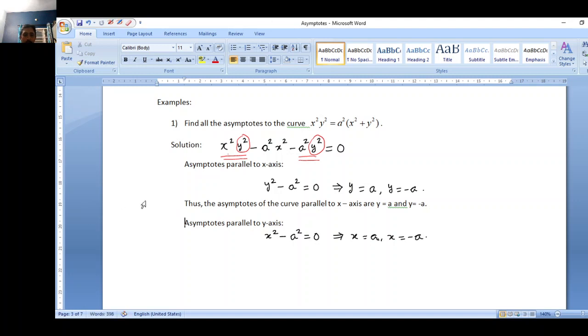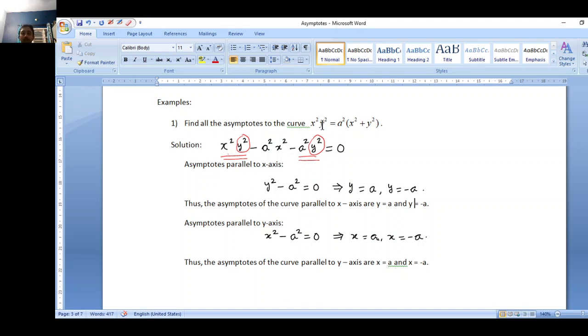So accordingly, we conclude that the asymptotes of the curve parallel to y-axis are x equals a and x equals minus a. So these are the asymptotes parallel to x-axis and y-axis. Now we'll have to go for finding the oblique asymptotes to the curve.